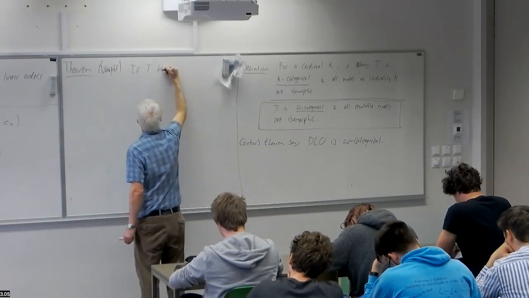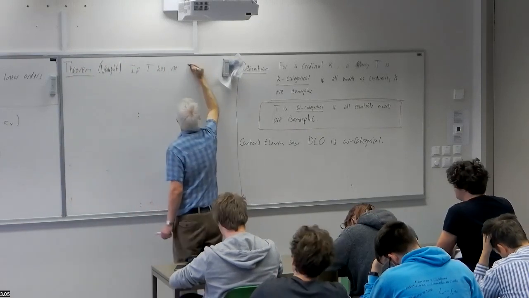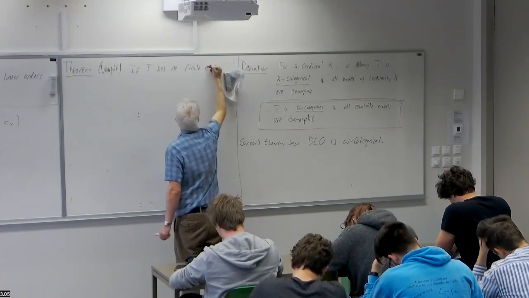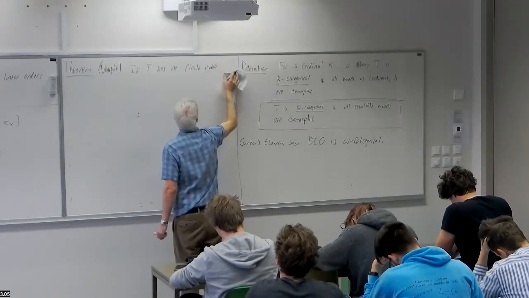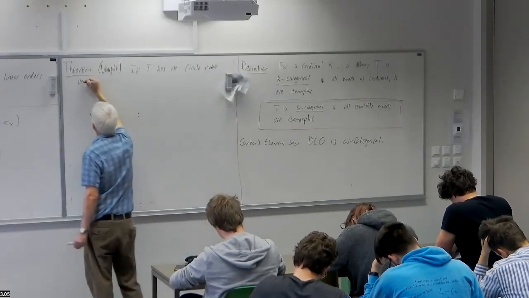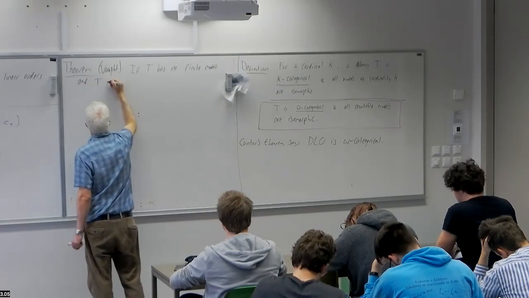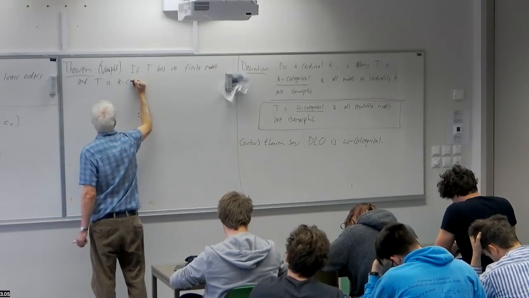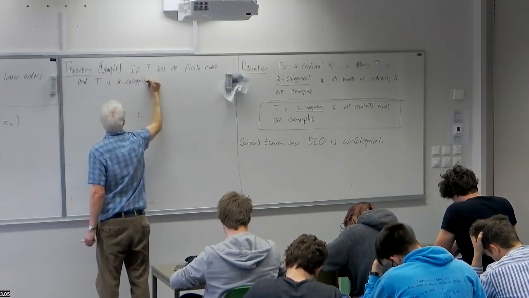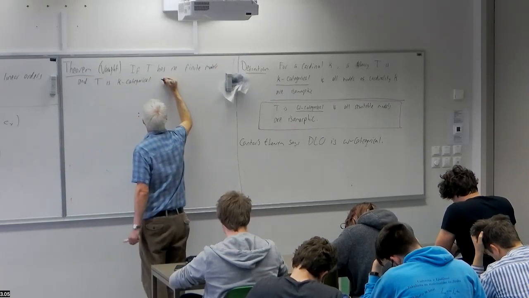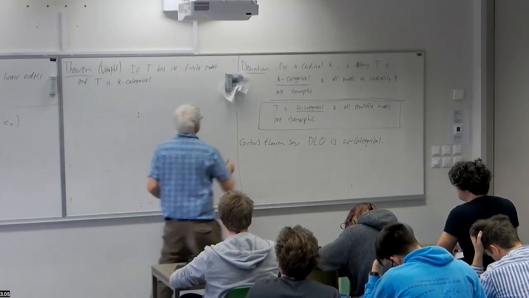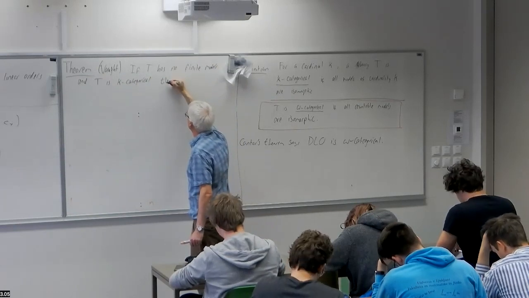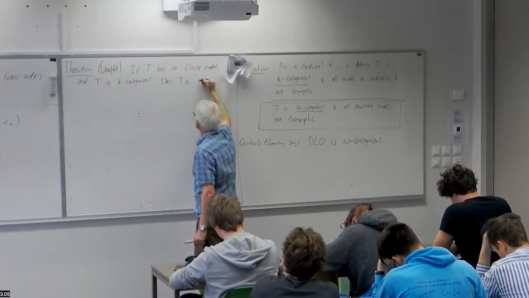If T has no finite models, and T is kappa categorical for some infinite cardinal kappa, then T is complete.